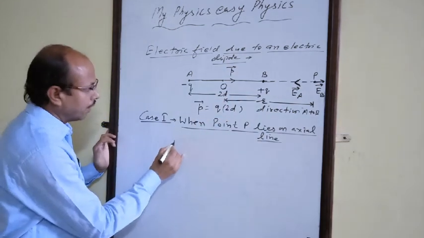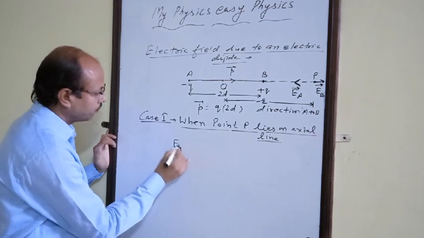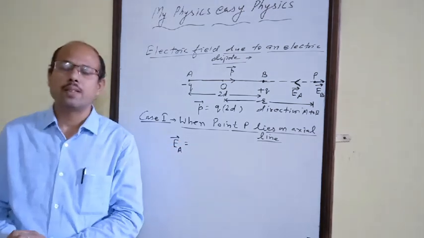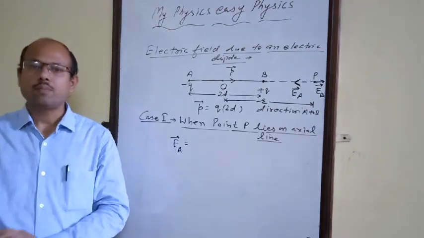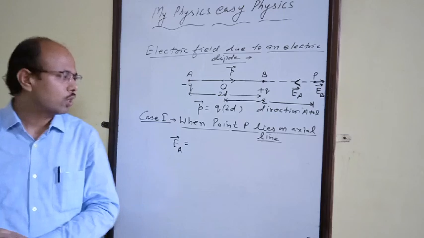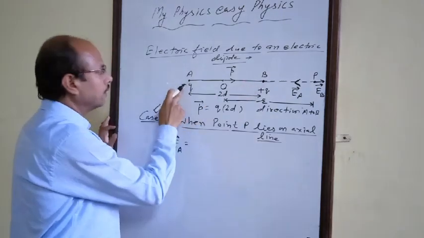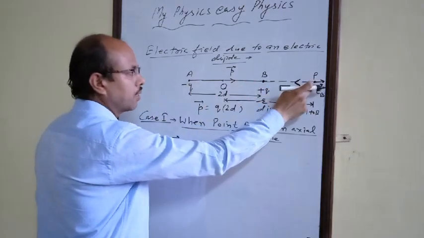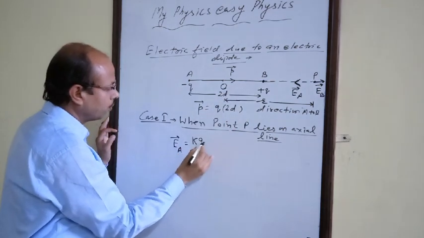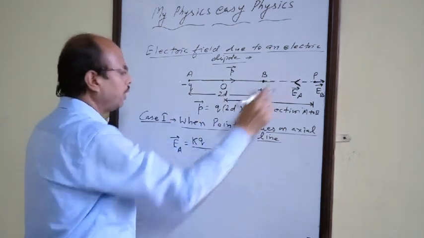Therefore, I am writing here EA. We know that the formula of electric field is kq by r squared, where r means the distance of point P from the source charge. Here the source charge is minus q. Therefore, we will write kq by AP squared.